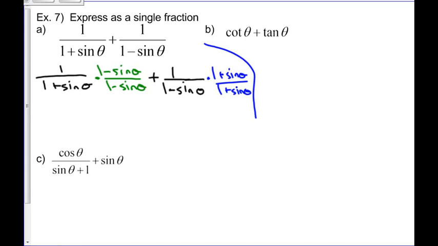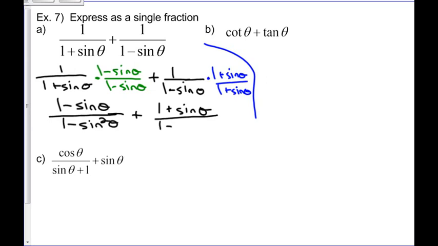Okay, let's see what we get. I'd get 1 minus sine theta all over 1 minus sine squared, plus 1 plus sine theta all over 1 minus sine squared.